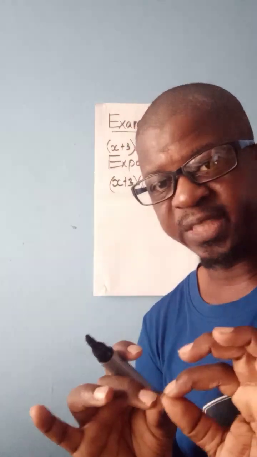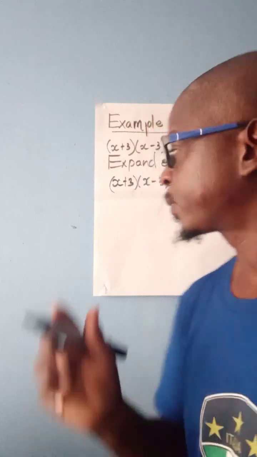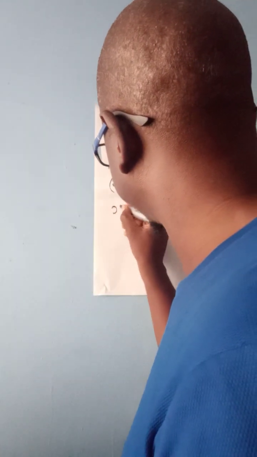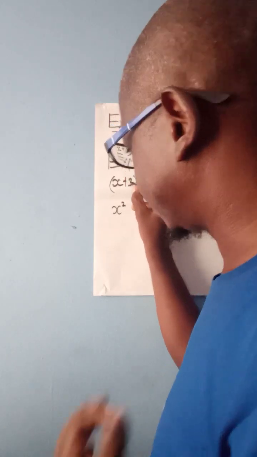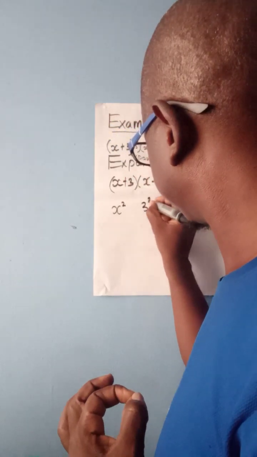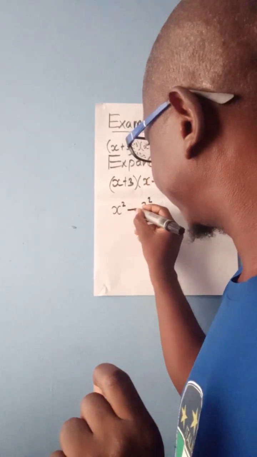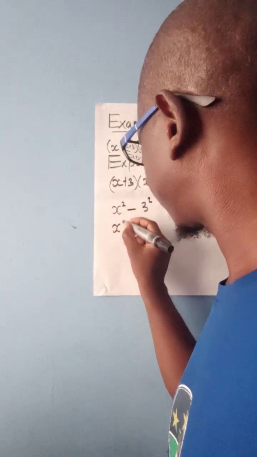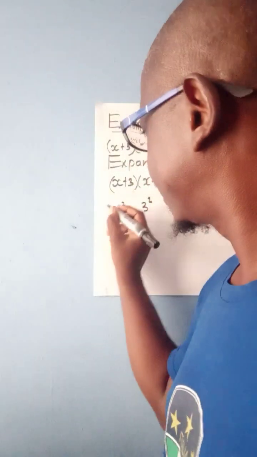So we have to put a negative because we're talking of the difference of two squares. So x squared, 3 squared, and the sign that we put in between here is a negative, so we have x squared minus 9. That is it.